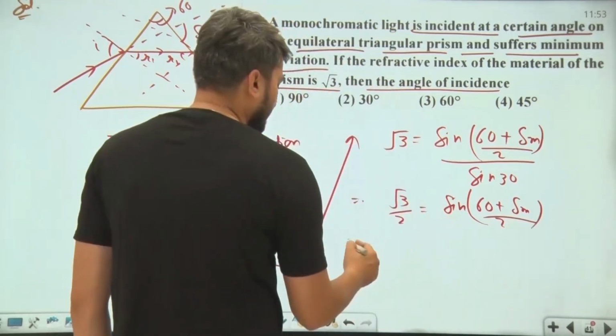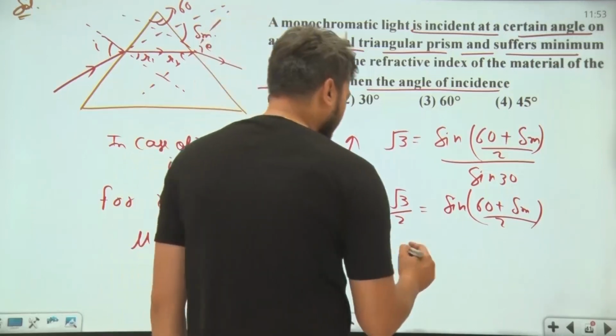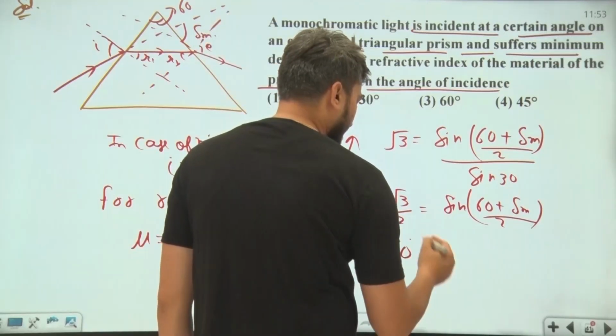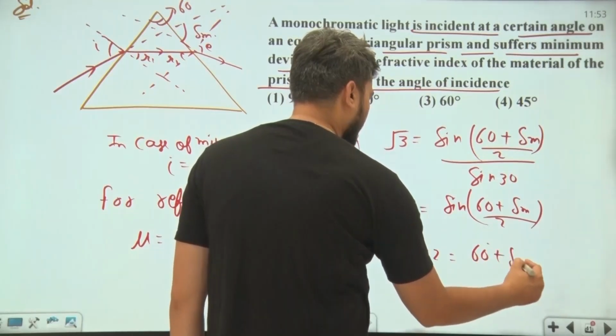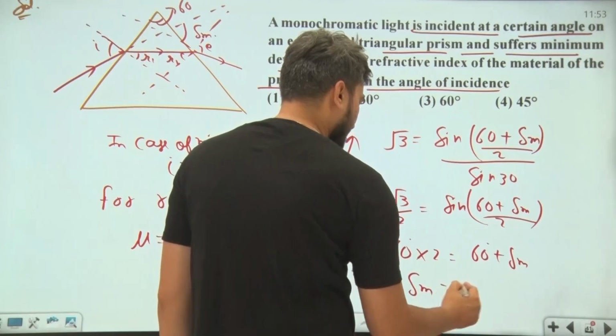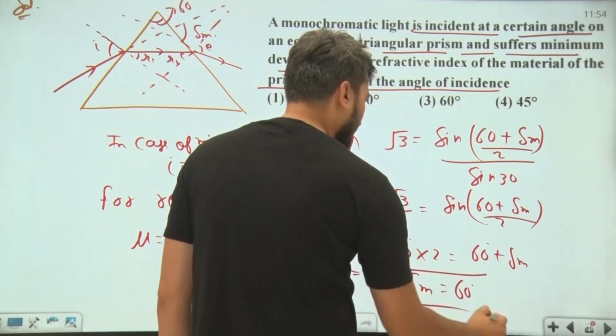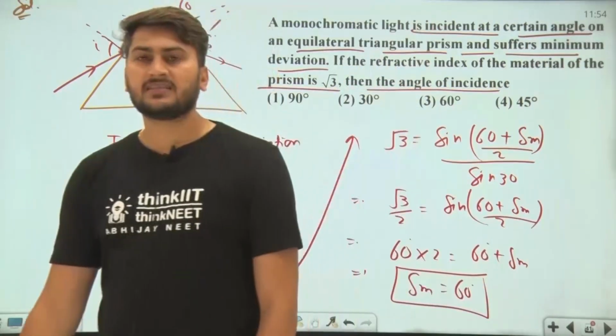Sine inverse √3 by 2 is 60 degrees. So this one is 60 degrees. Multiply by 2, this one is 60 plus lambda m. So 120 minus 60 is 60 degrees. So we can say here the minimum deviation comes to 60 degrees.